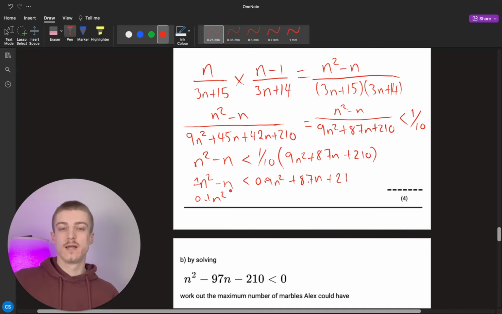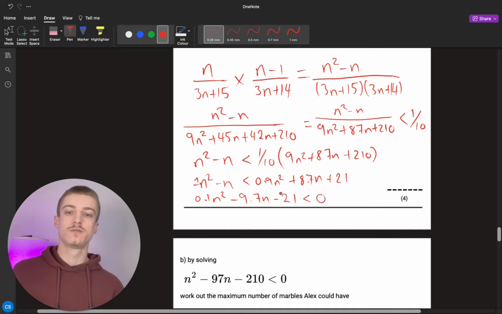So we're going to use the quadratic formula. We're working with n, so normally it would be x, but n equals minus b plus or minus the square root of b squared minus 4ac all over 2a.